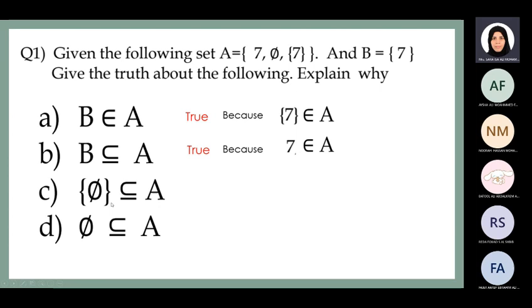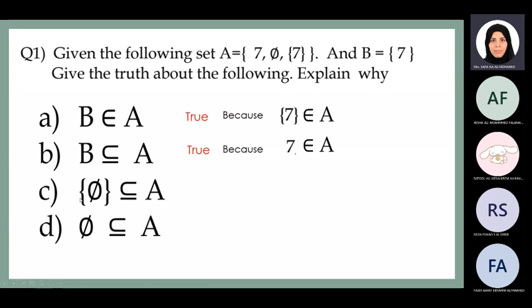What about C? C is the set of phi, which is not equal to phi. If I say a set that contains an empty set, that means this set is not an empty set. They are not equal. Its cardinality is 1. So the set that contains phi is a subset of A. The definition of subset says every element here should be there.